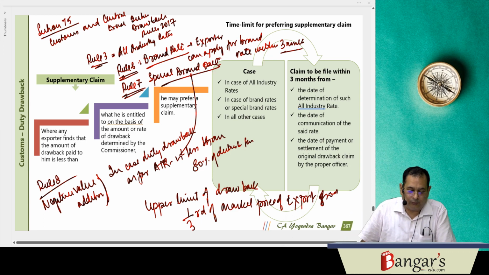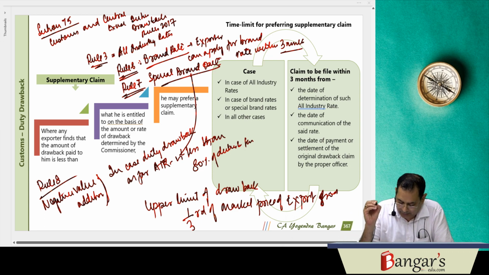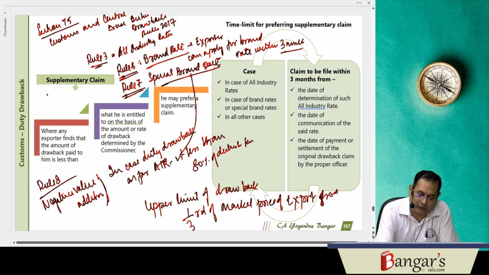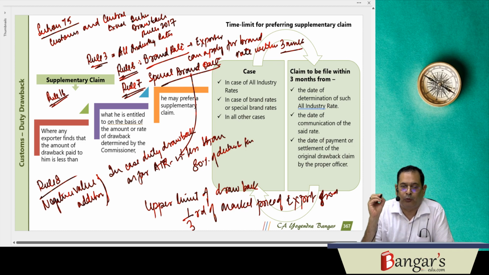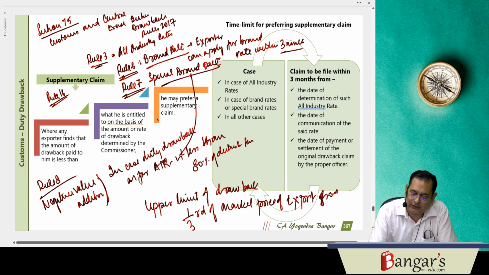Now a supplementary claim can be raised under rule 16. Rule 16 is dealing with the supplementary claim. If the exporter finds that the amount of drawback paid to him is less than what he is entitled to on the basis of all industry rate or brand rate or special brand rate, then he may prefer a supplementary claim.